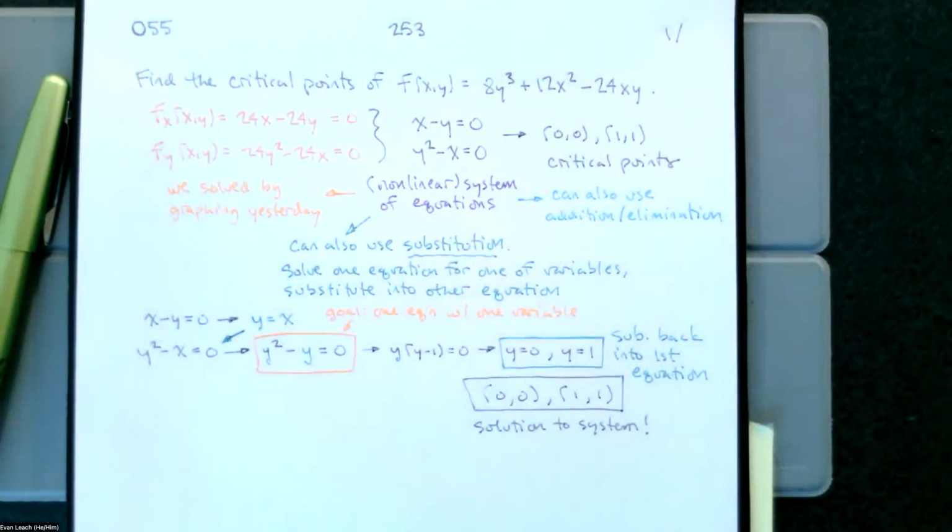We can also use addition and elimination. This is where we add the equations together to cancel out one of the variables.